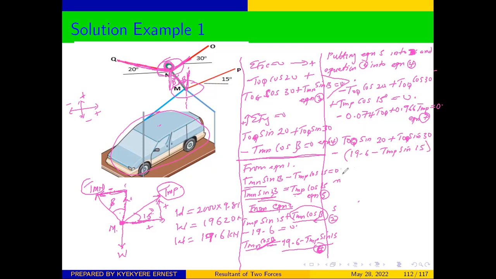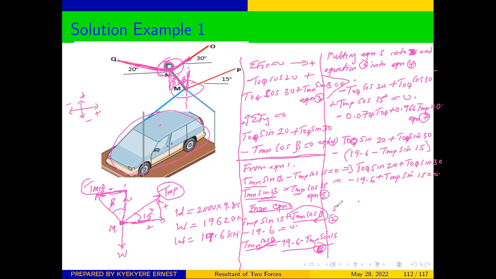And from here, we are going to get TOQ sine 20 plus TOQ sine 30 minus 19.6 plus TMP sine 15 is equal to 0.